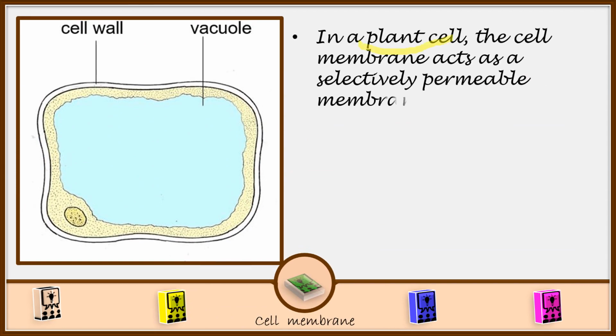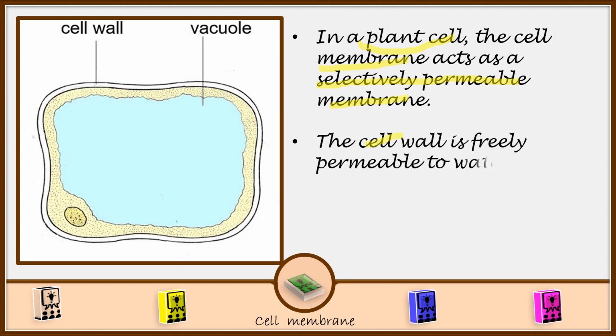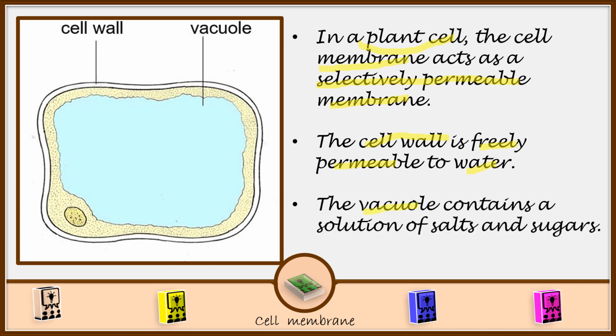In plant cells, the cell membrane acts as a selectively permeable membrane. The cell wall is freely permeable to water. The vacuole contains solutions of salts and sugars.